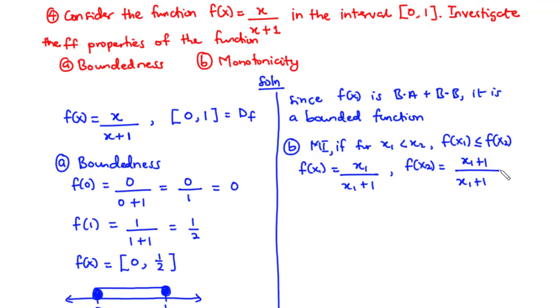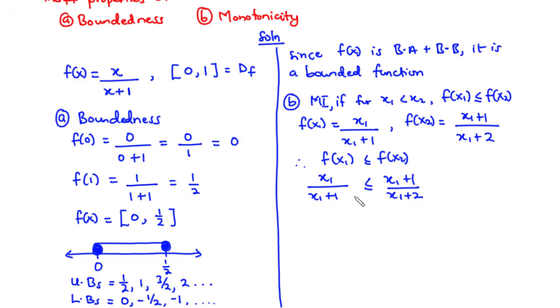Now 1 plus 1 is 2, so that becomes x1 plus 2. Therefore, since f of x1 is less than or equal to f of x2, it follows that x1 over x1 plus 1 should also be less than or equal to x1 plus 1 over x1 plus 2.